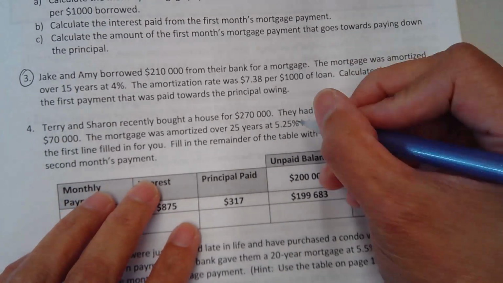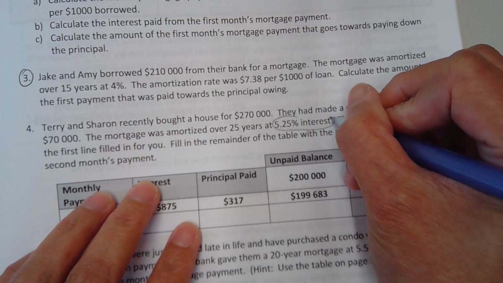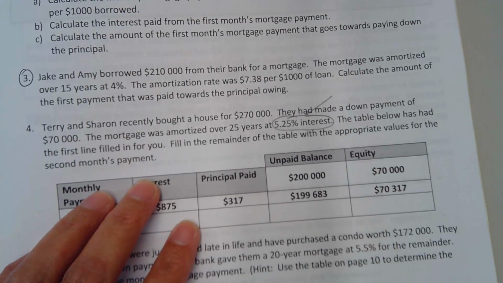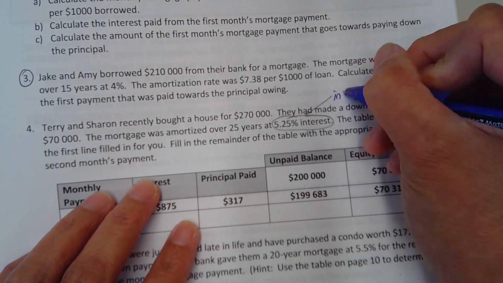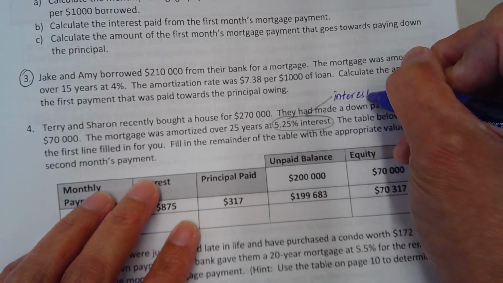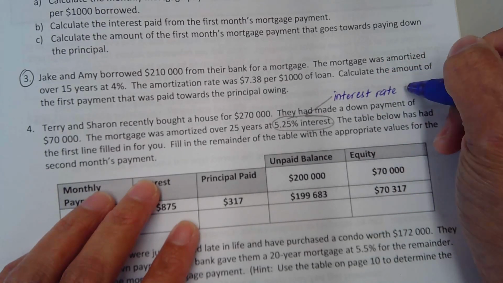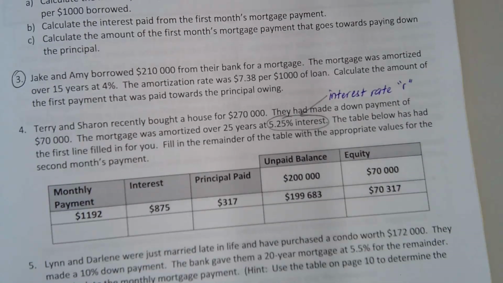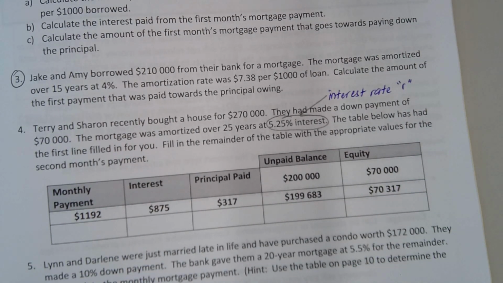So this 5.25 interest rate, that's the R. And the table shows you the first line that's pretty much filled out. What we're gonna do is figure out the second month.